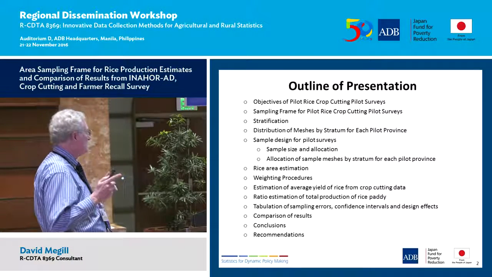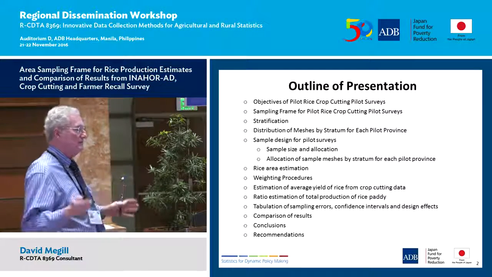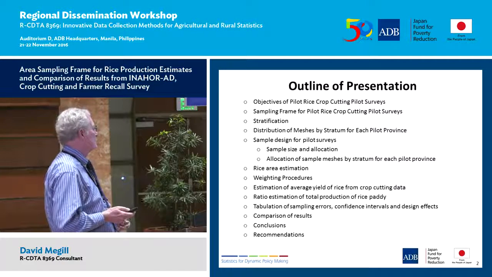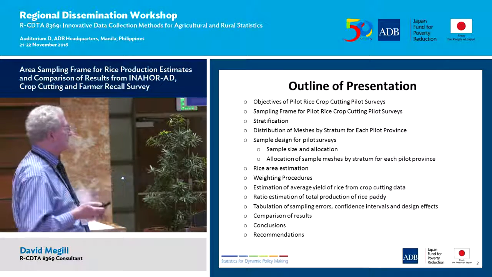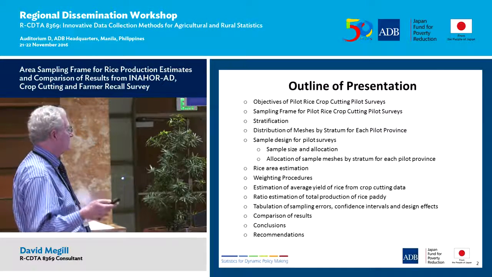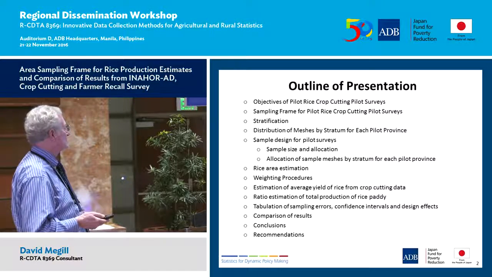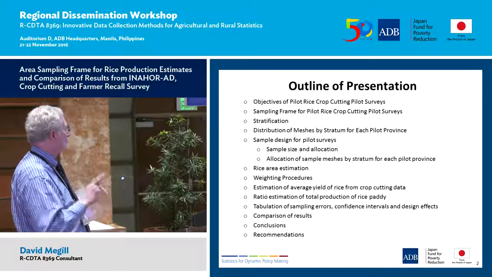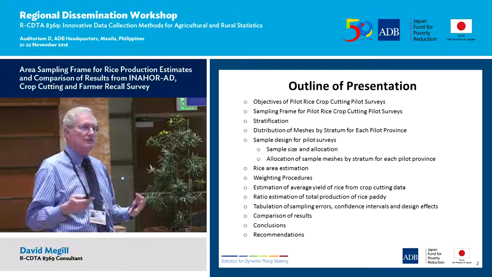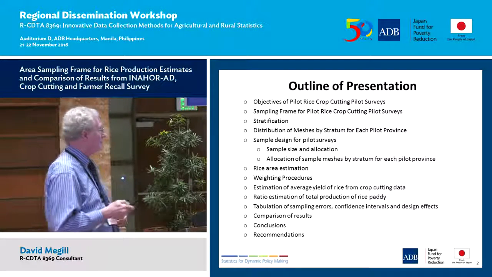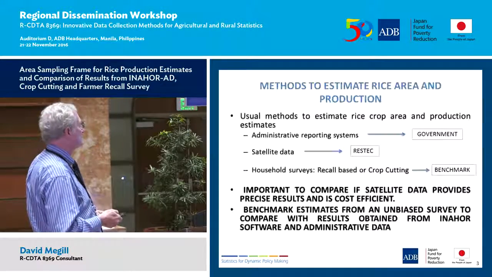And in order to evaluate the precision of these estimates, we're going to take a look at sampling intervals, confidence intervals, design effects, some statistical aspects of showing the efficiency and effectiveness of the sample design. We're going to compare the different results in order to draw conclusions and have some brief recommendations.